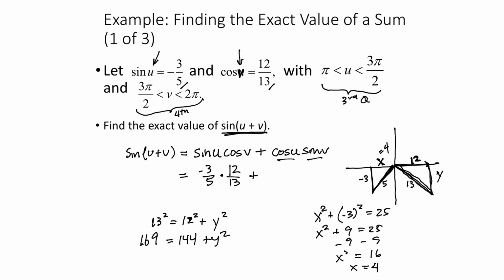And then subtracting 144 on both sides will give me 25 equal to y squared. So we know that y is equal to either positive or negative 5. Oops, not square root of 5, but just 5. And I know in this case it has to be negative 5 because the y would be a negative. We're going down. So that's negative 5 over 13 would be the sine of that angle.